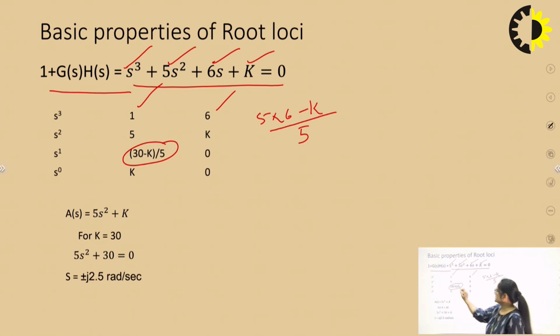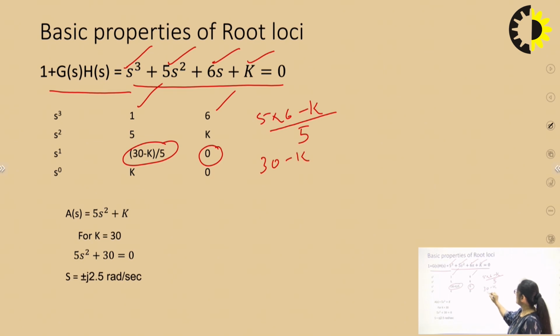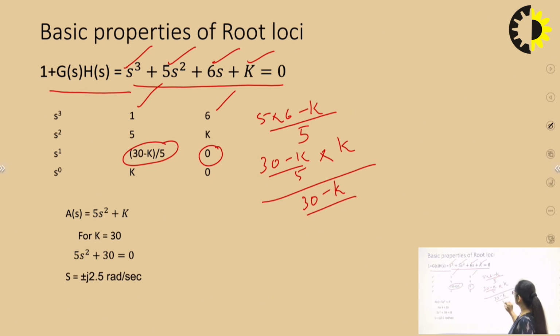This comes out to be 0 and this will be 30 minus k upon 5 into k upon 30 minus k, because the next expression is 0. So this is k here. So this is the Routh table.